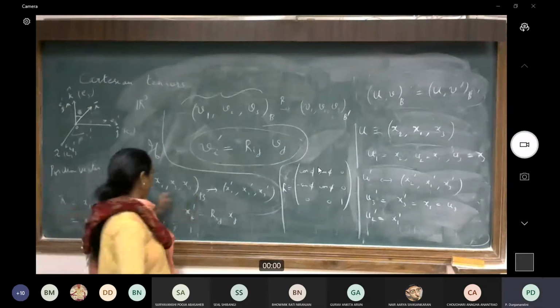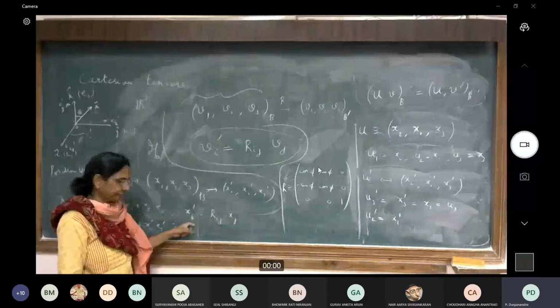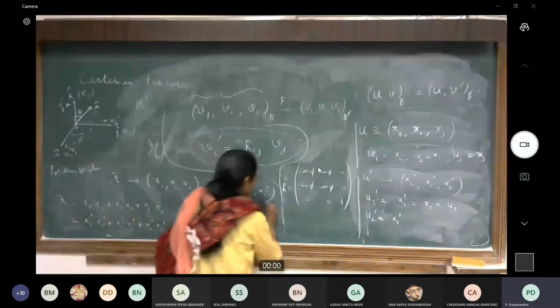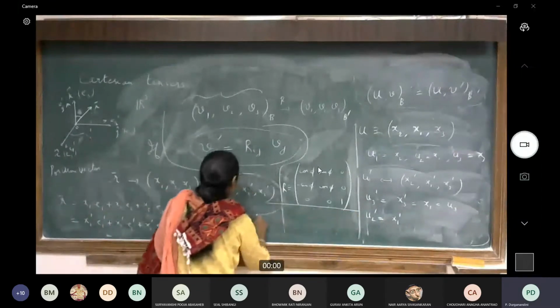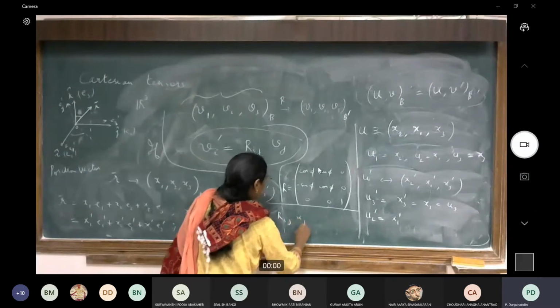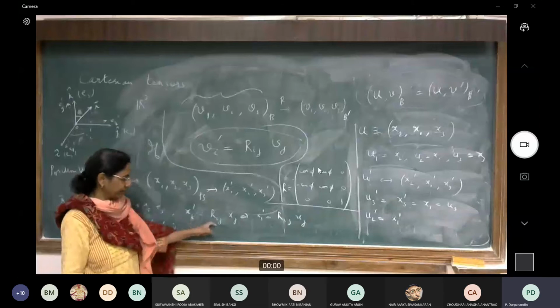The position vector will transform like this: xi prime equals Rij xj. So what will x1 prime be? This tells me that x1 prime should be the same as R1j xj. Correct?